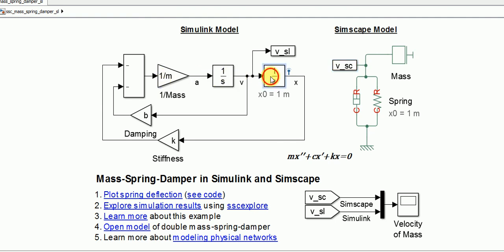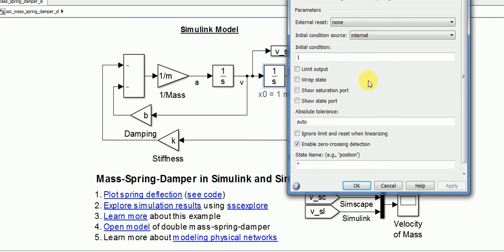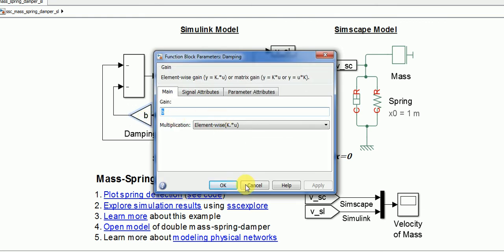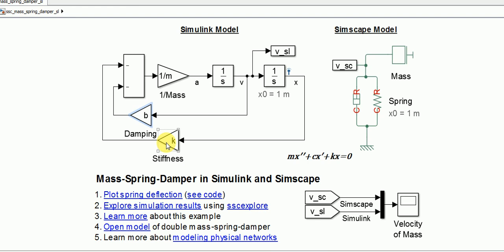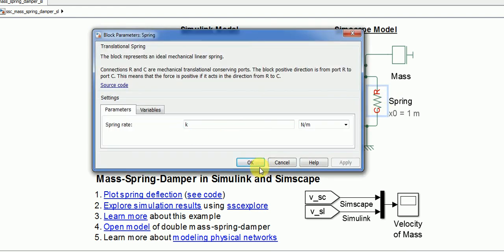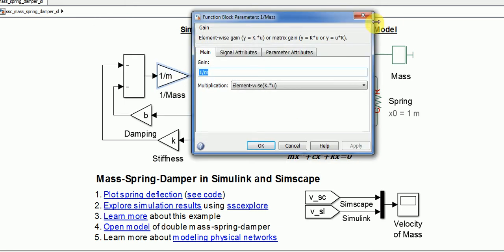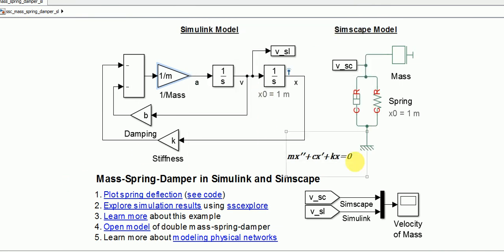Here at different blocks, we have added the parameter values. See, this B is damping, stiffness is K, here also the same values, stiffness K, damping B, and this is the mass M. Here instead of values we have added these variables K, B and M, because we can use the same variables in both models.